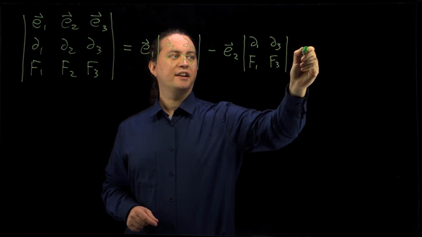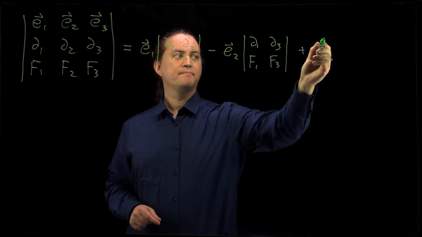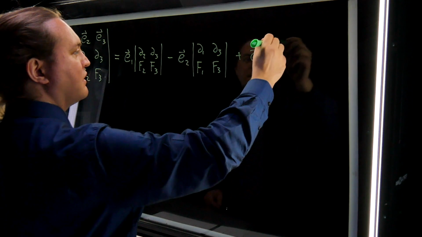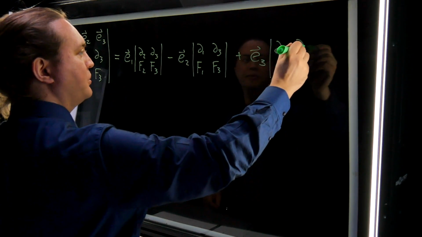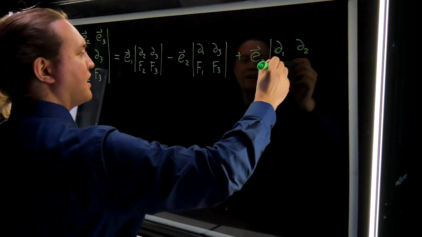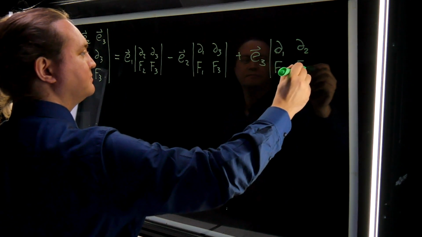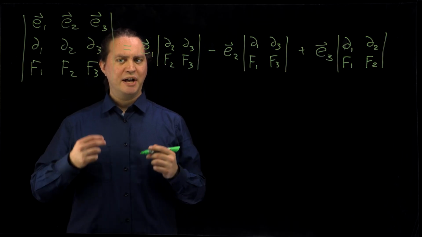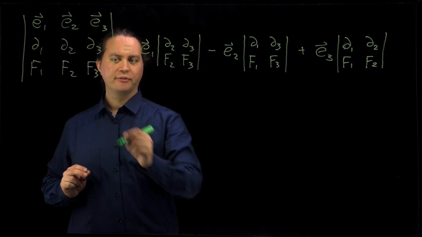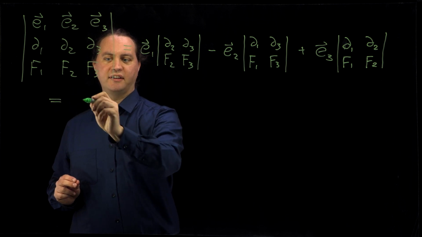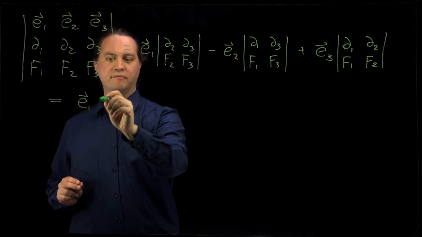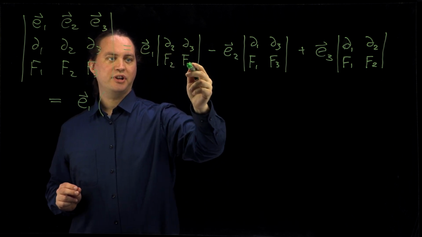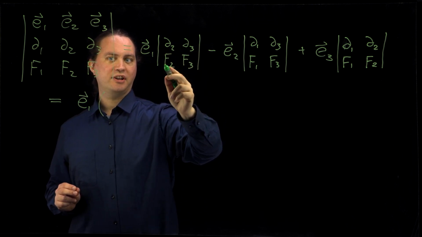And then plus again E3 multiplied with a subdeterminant del1, del2, F1, F2. As we multiply out those subdeterminants, we get E1 multiplied by del2 times F3 minus del3 times F2.